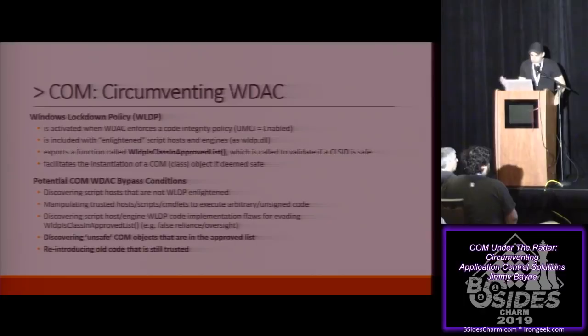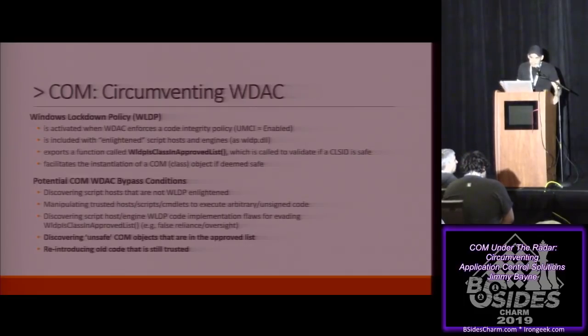WDAC discussion would not be complete without talking about the Windows Lockdown Policy. Windows Lockdown Policy is activated when UMCI is under an enforced code integrity policy. It's implemented in a library called WLDP.dll, which is quite fitting, and it exports a function called WldpIsClassInApprovedList, which does the heavy lifting for validating whether a particular class ID is safe.